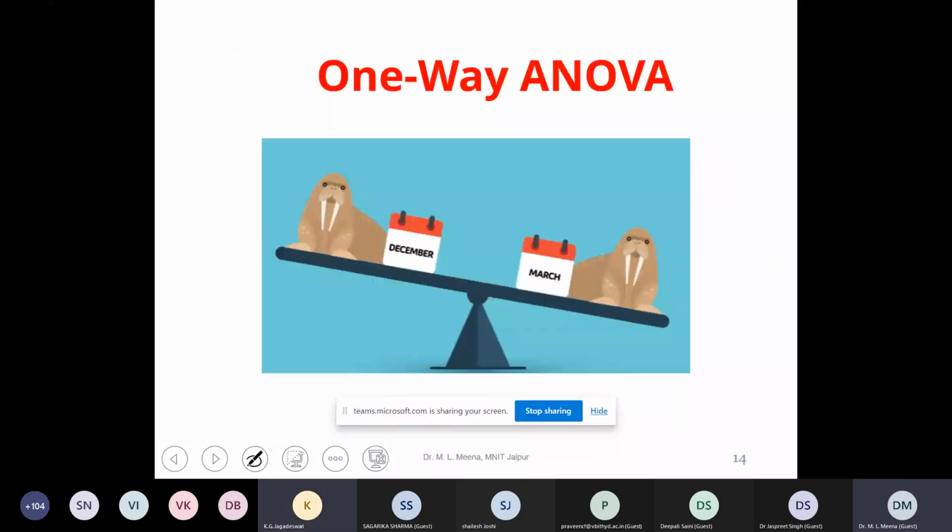Before solving the problem, here is the basic idea about one-way ANOVA. A one-way ANOVA is a type of statistical test that compares the variance in the group means within a sample while considering only one independent variable or factor.